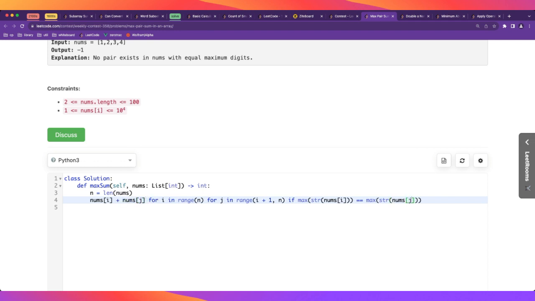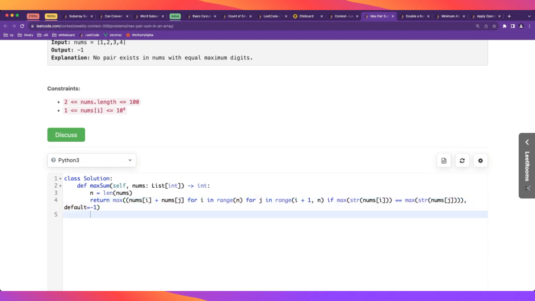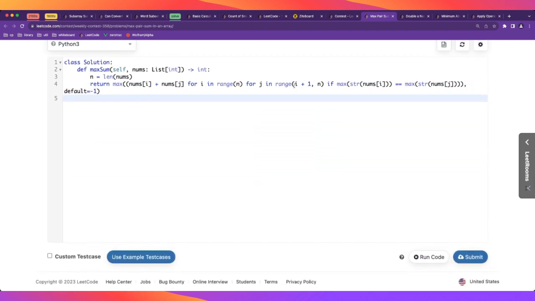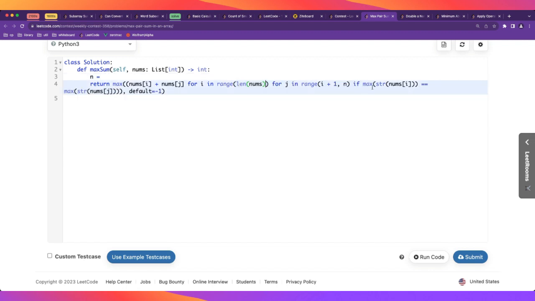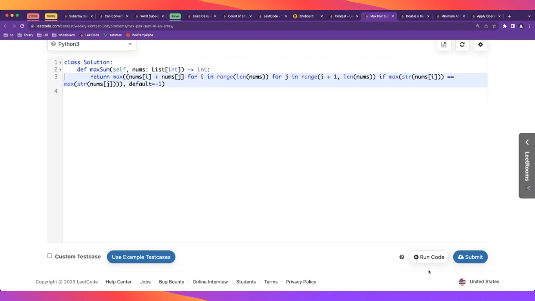Here I repeated i, it should be j. And we need to return the maximum. However, we already know that there's a case where there's none, so we have to use a default value, which is -1. Maybe we can actually make it a proper one-liner. Why not? Just for fun. And this should work.